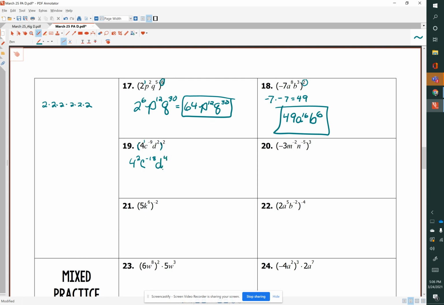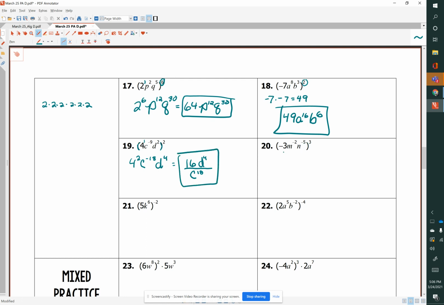Now, 4 to the second power is 16. 4 times 4 is 16. The c to the negative 18th power needs to go in the denominator with a positive exponent of 18, and then we will also have our d to the fourth power. That's our final answer.